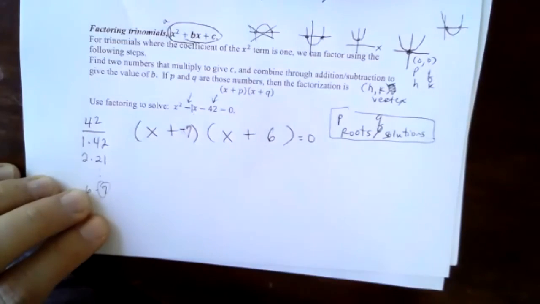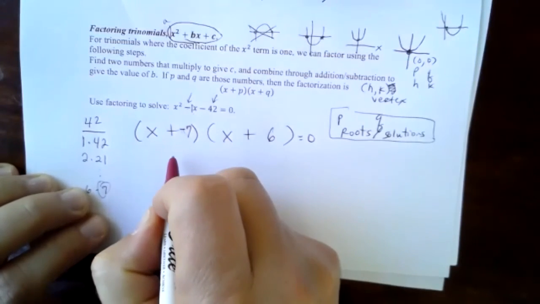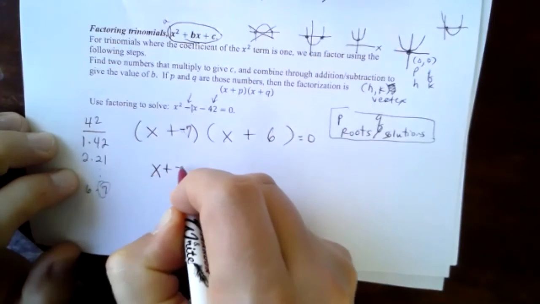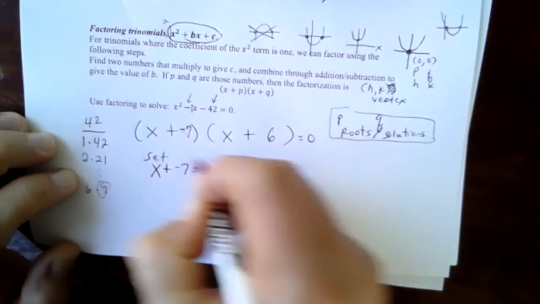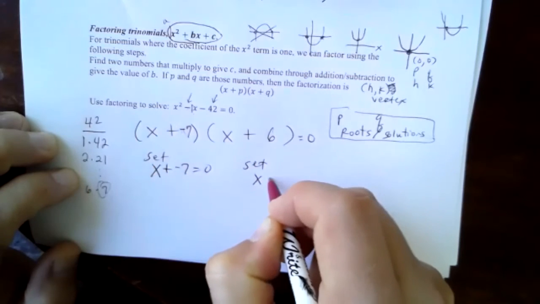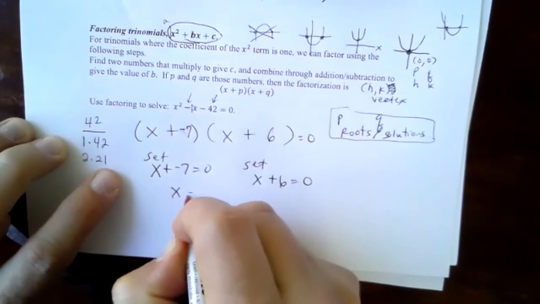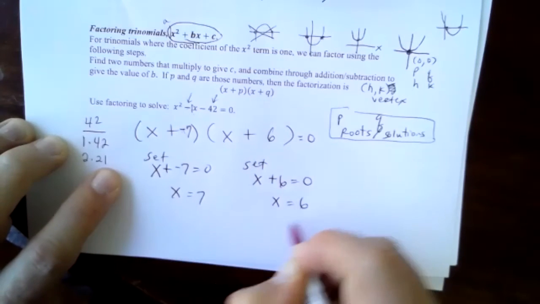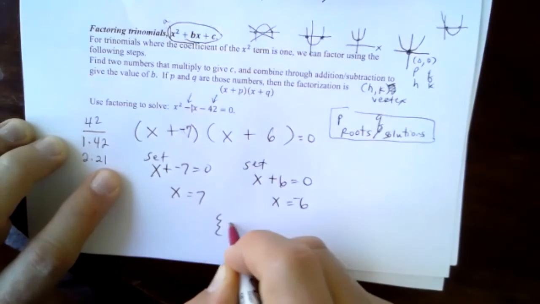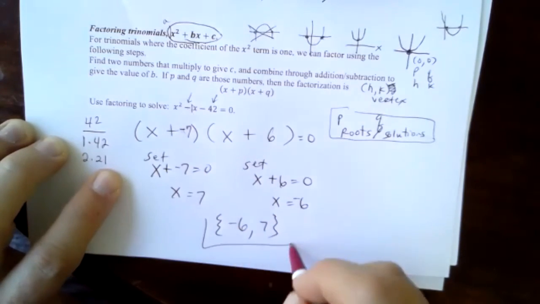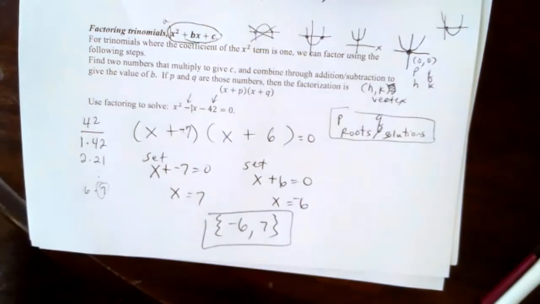If you were to find the actual roots or zeros, you would set this equal to 0 and set this equal to 0, and then solve for x, and x would be 7 here and x would be negative 6 here. And so you would rewrite the solutions like here. In other words, one is negative and one is positive.